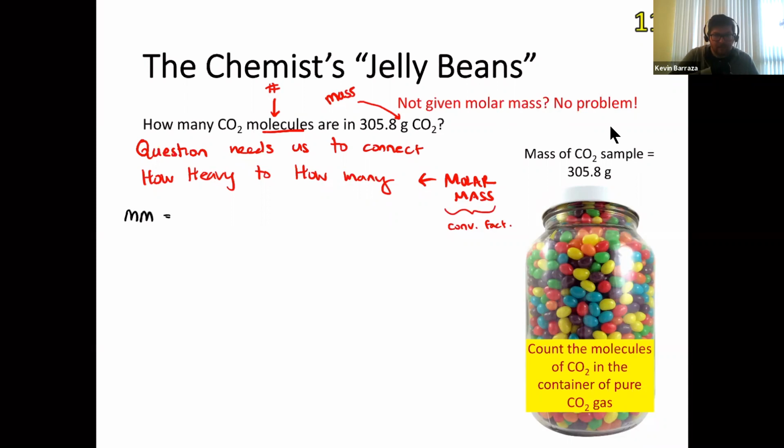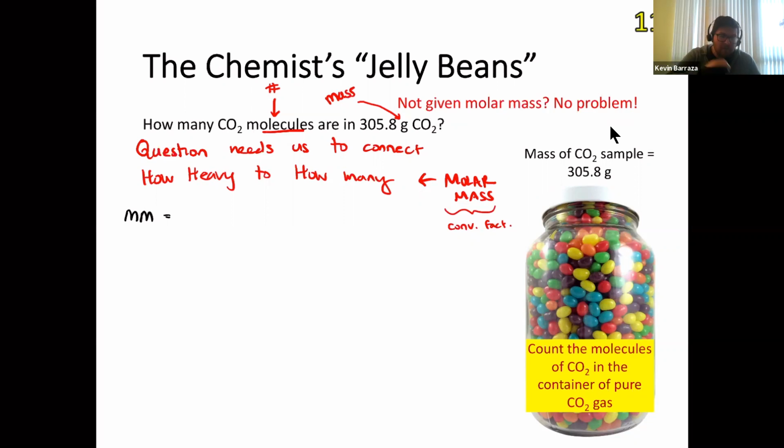Molar mass is grams per mole, but we can't use that strategy because we need to have that information. How heavy is the grams of the substance? How many moles are in the substance? We don't have that number, so we can't use that strategy.